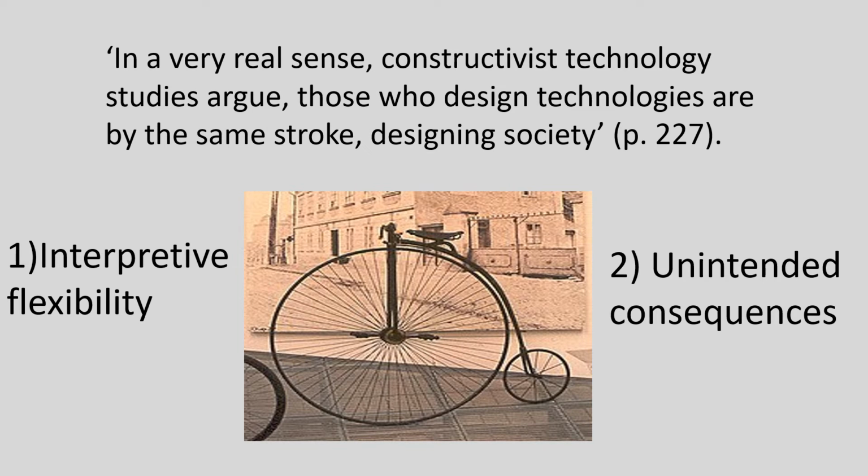All right. So Faulkner says that in a very real sense, constructivist technology studies argue those who design technologies are by the same stroke designing society. So here's the point about the context: within the social context, you have considerable leeway to design technologies in a way that serves certain purposes that are not intrinsically technological.